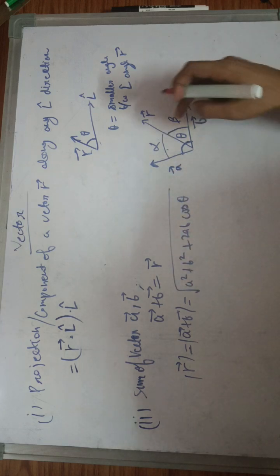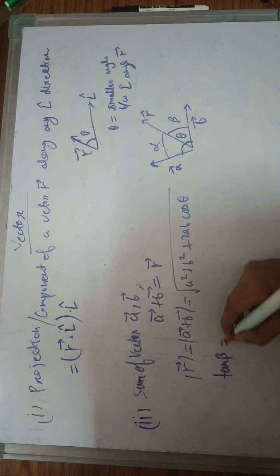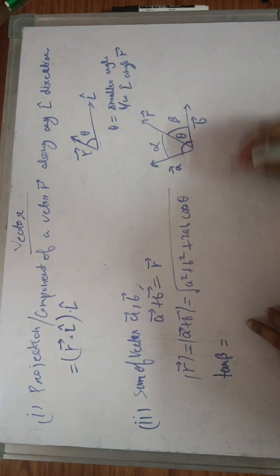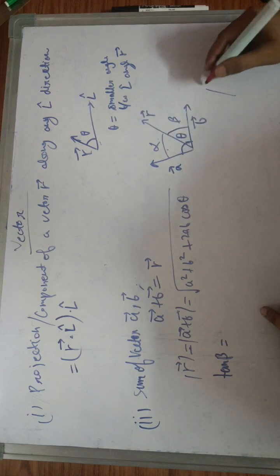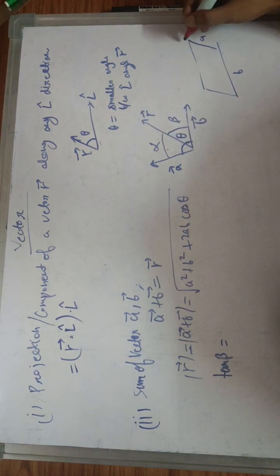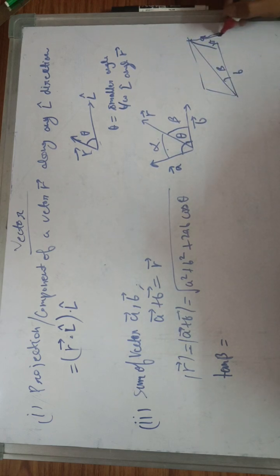And if I want to write tan beta, the beta angle that is made with B vector and R vector, then I will simply use the parallelogram law. This is B, this is A. Let's say this is beta angle, this is theta angle.